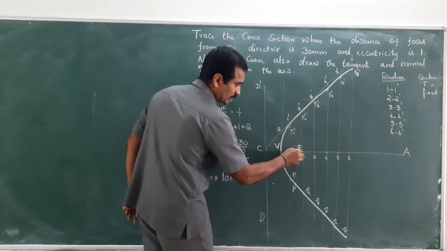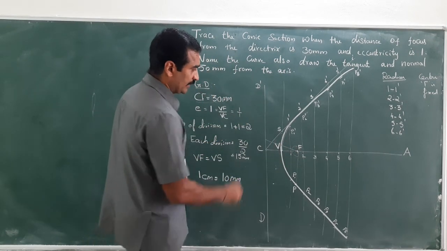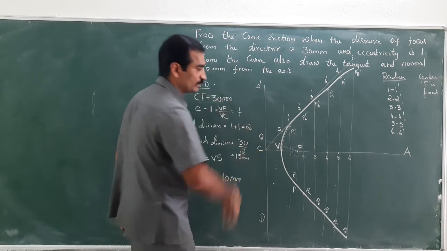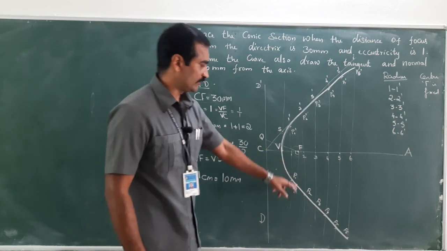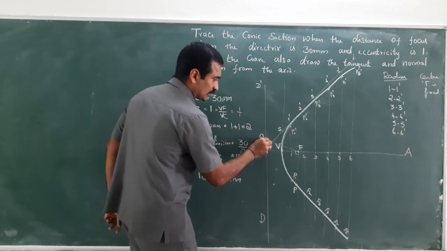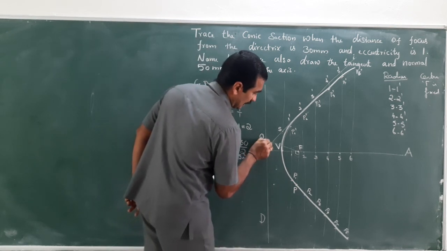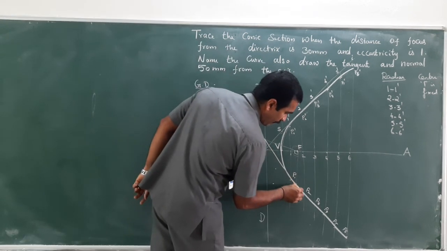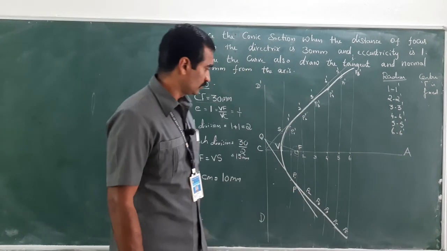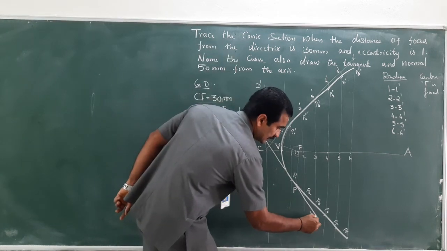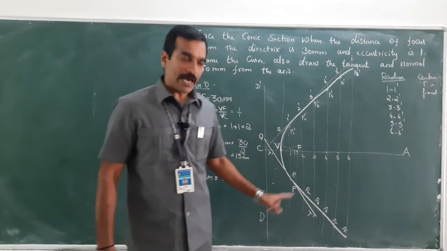Now draw a line till it intersects the directrix D dash. Name this point as Q. This should be 90 degrees, perpendicular to FP. So now, from the intersection point, draw a line passing through the point P. This is nothing but the tangent. T dash is the tangent at point P.